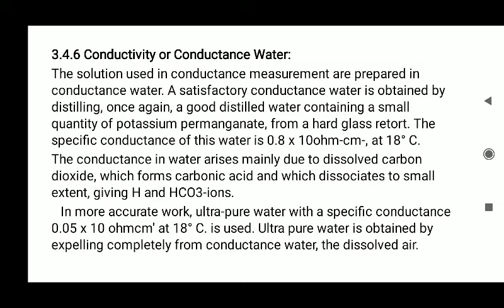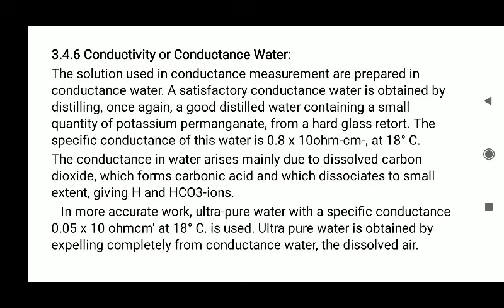The specific conductance of this water is 0.8 into 10 raised to minus 6 per ohm per centimeter at 18 degrees C. The conductance in water arises mainly due to dissolved carbon dioxide, which forms carbonic acid and dissociates to a small extent, giving H plus and HCO3 minus ions.